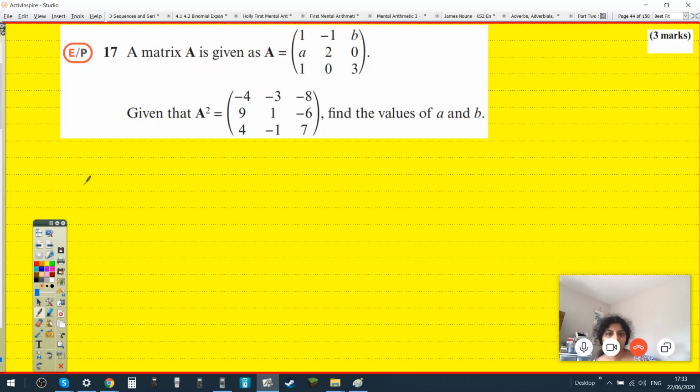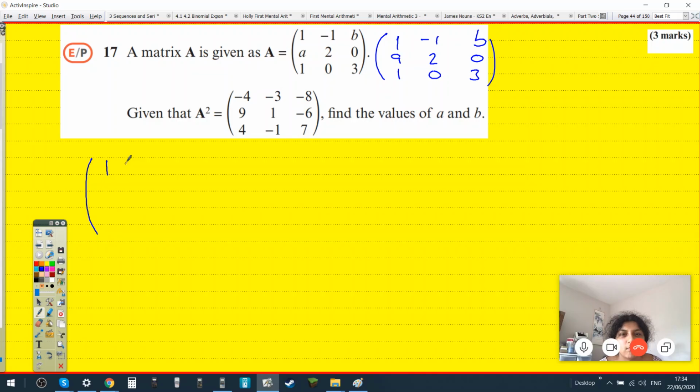So we have to multiply them again. 1 minus A plus B, and then A plus 2A plus 0.